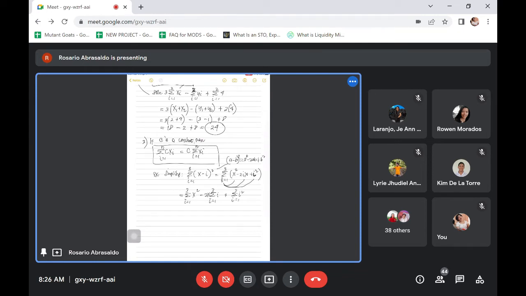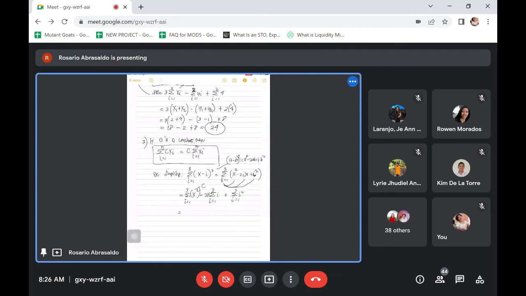Okay, so this x is a constant, it is not an index, so therefore x squared stays. Treat this as a constant.